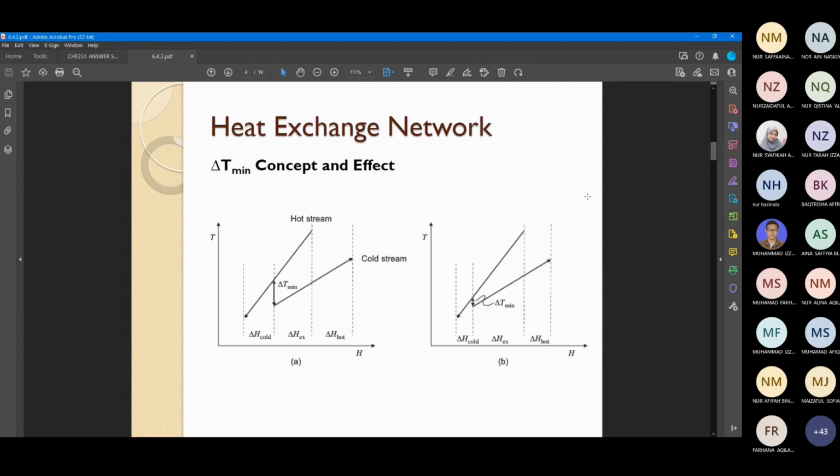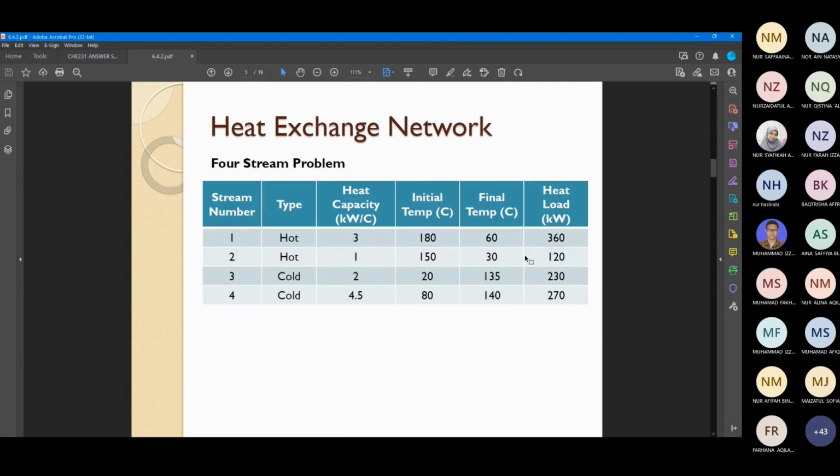So let's see the next page. This is another way of doing that, if you have more than two streams. By having that, you have to know that we are talking about the heat capacity given to you. What is heat capacity? You learned your physics in Form 4, I know that.